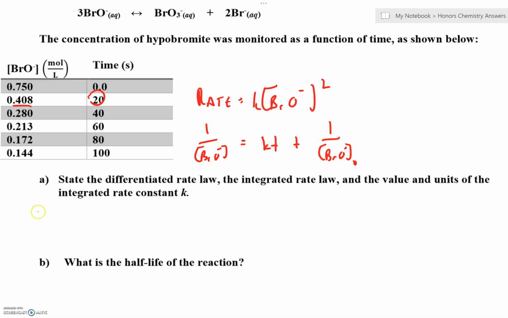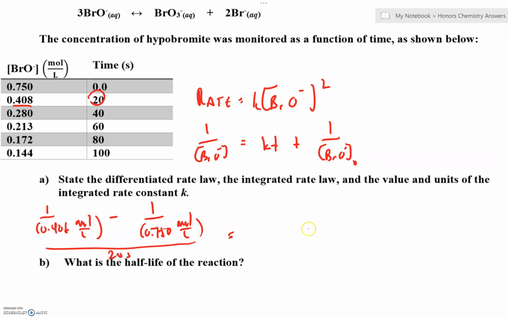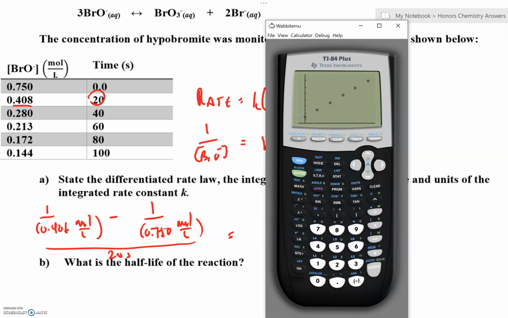So we're going to have, at 20 seconds, 1 over 0.408 moles per liter minus 1 over 0.750 moles per liter divided by the time we picked, 20 seconds. So our units, when we invert moles per liter, are going to be liters over moles seconds. And we could just plug this right into our calculator.